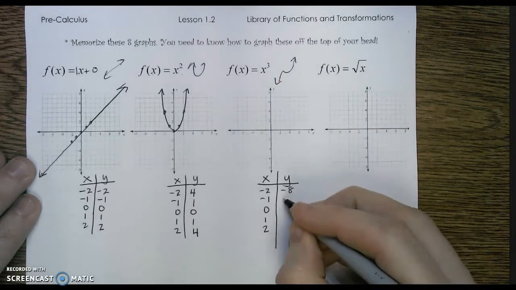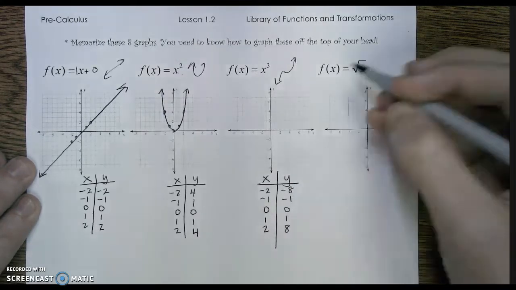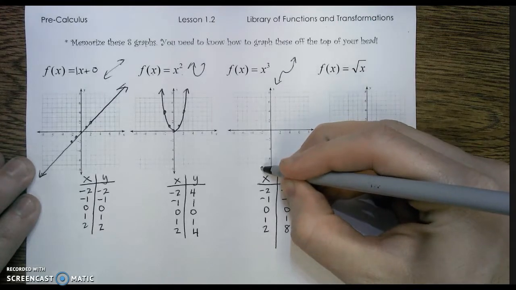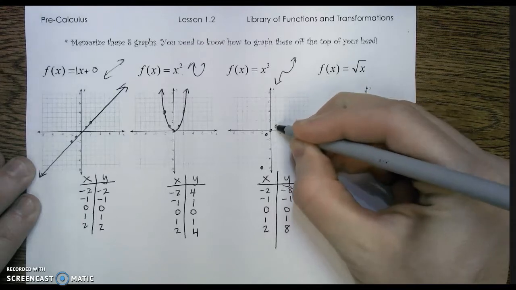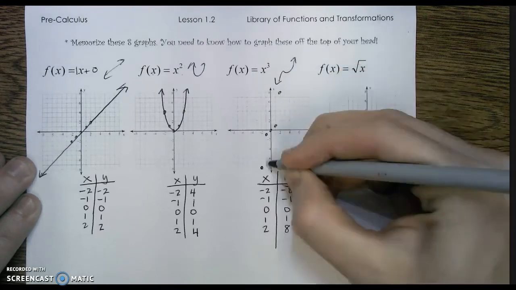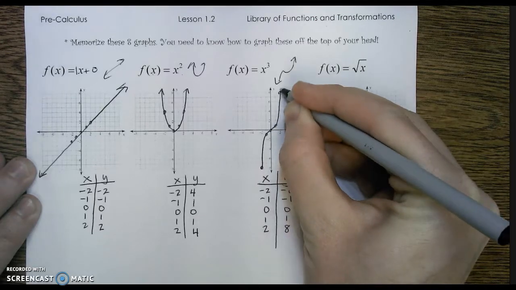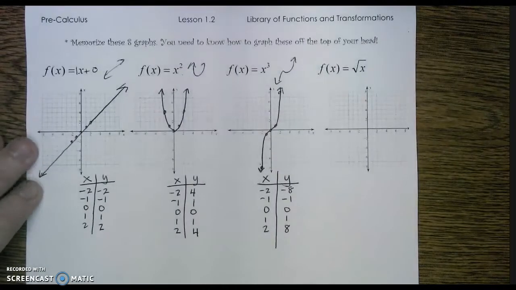If I plug in -1, I get -1, 0, 1, and 8. So let's plot those. -2 is -8. -1 is -1. 0, 0, 1, 1, 2, 8. And we see it makes that snake-looking curve rising from left to right. So that is your x cubed graph.